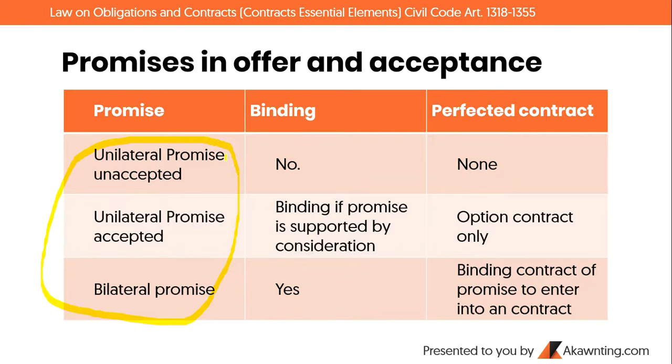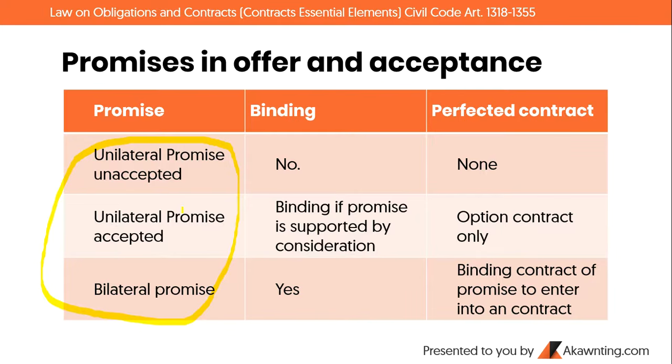Dinivide natin yung unilateral promises into 2. We have unaccepted unilateral promise and accepted unilateral promise. Okay? So, anong pagkakaiba nung tatlong ito? Actually, magkakaroon na tayo ng example dito, kaya focus muna tayo dito sa table.